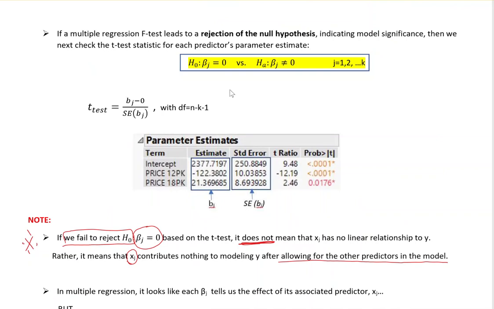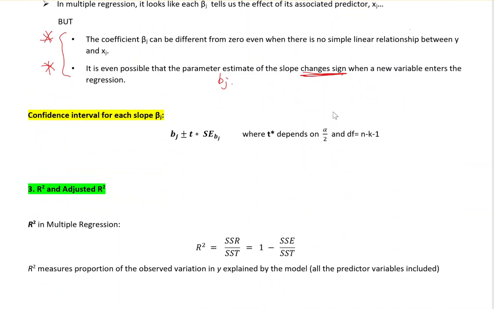explanatory variable. And after we get the hypothesis test, of course we will get the confidence interval for each slope or each coefficient beta j. It will be the same: bj plus minus t star times the standard error of bj. You can find bj from the output, and the standard error of bj you can also find in the output.